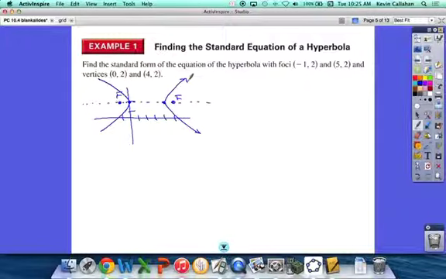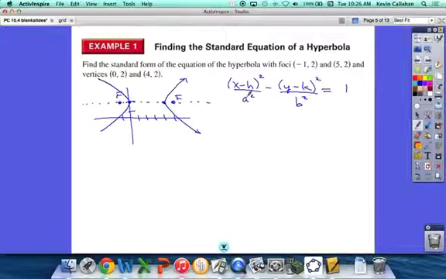Okay, so if it's horizontal, we want to use this one. X minus H squared over A squared minus Y minus K squared over B squared equals 1. So we need to know this. We have to be able to fill in the center, H, K, A, and B. And we definitely could figure out the center.